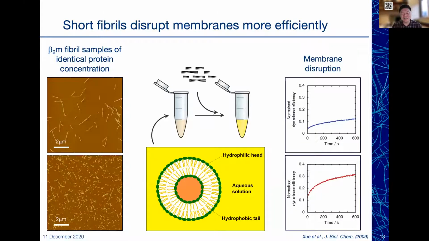If you have fragmented fibrils, which means they are much smaller but much larger in number, then they are also more efficient in disrupting membranes. In this type of membrane assay, the so-called dye release assay, we can see that the dye inside these vesicles is released much more when incubated with the fragmented fibrils.